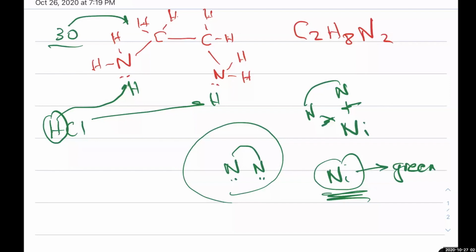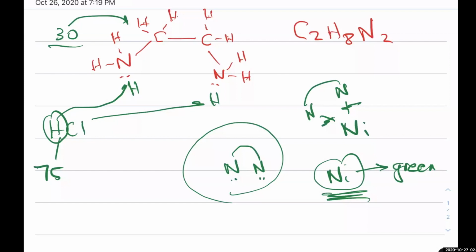What you guys are going to be doing is not add 30, because you don't know how many ethylenediamine you have. That's what you have to analyze for. But you're going to be throwing in an excess amount of hydrochloric acid. Let's say that I throw in 75 hydrochloric acid, an excess, an abundant amount. Well, you know that if you had 30 originally, okay, you won't know that.